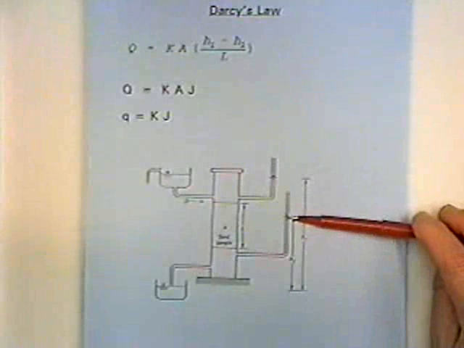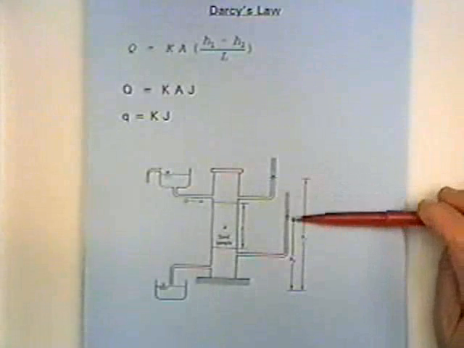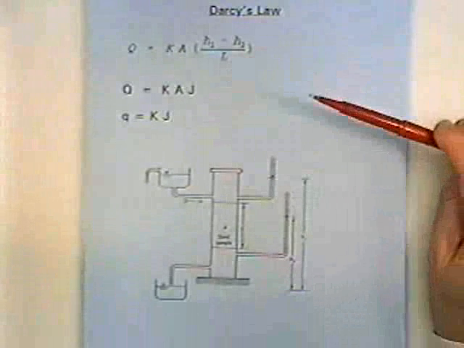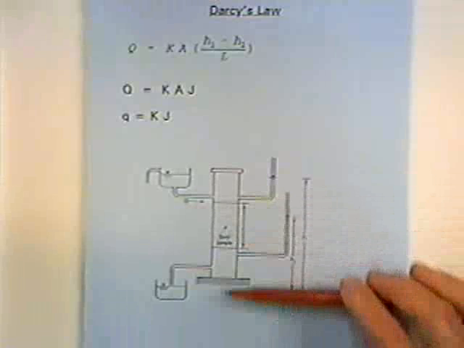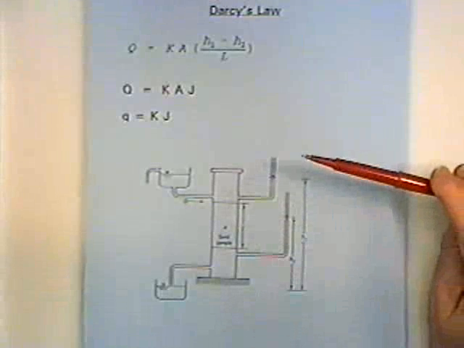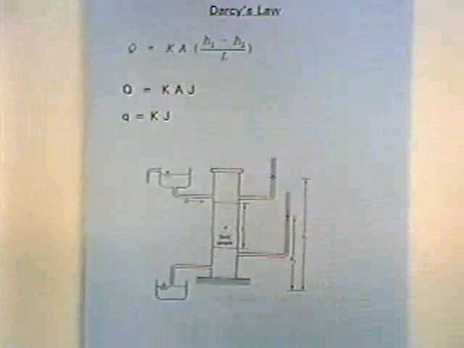A piezometer here would give us the head downstream of the sand, and the flow rate would be proportional to that difference in head divided by the length through which the water is flowing, and also proportional to the area through which the water is flowing.